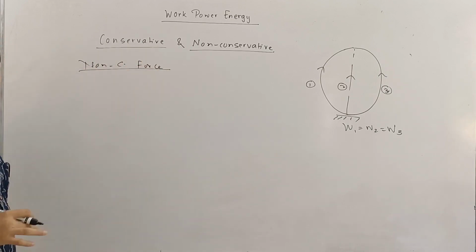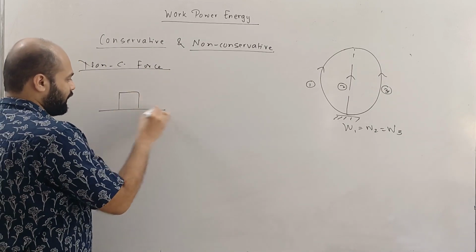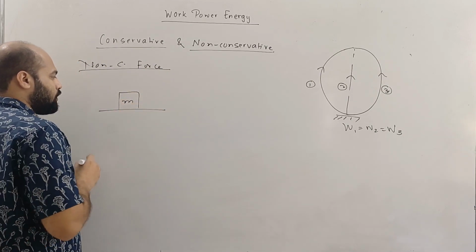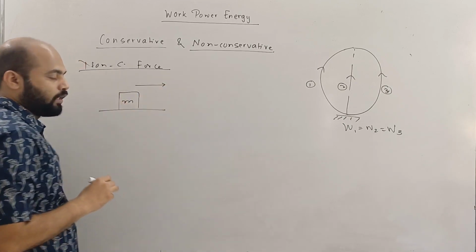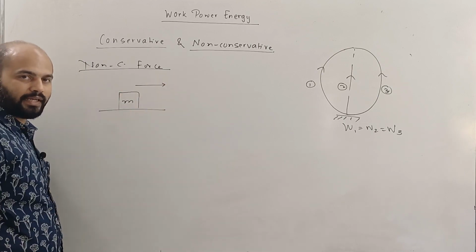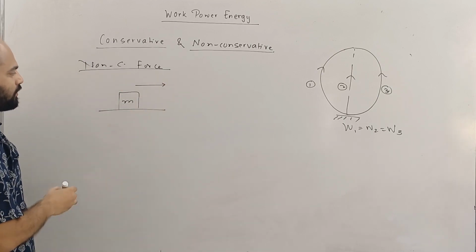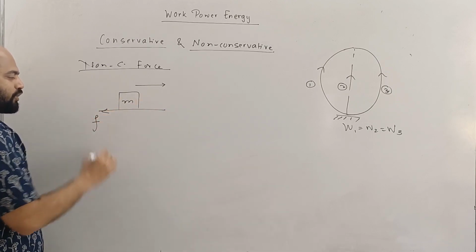The best example of a non-conservative force is a frictional force. Let us say that this is the mass, and due to some force, the mass is moving in this particular direction. There is an external force which is pushing the object and making it move in this direction. And because the object is moving in this direction, it will experience some kind of friction.